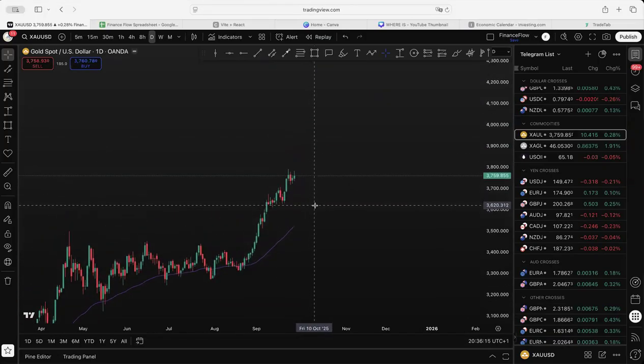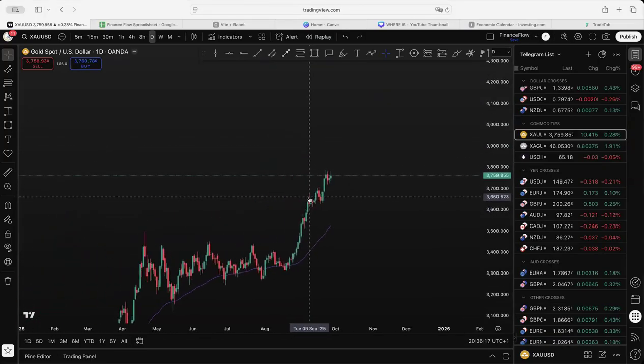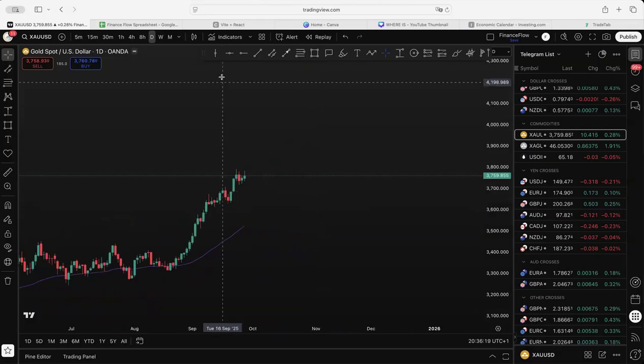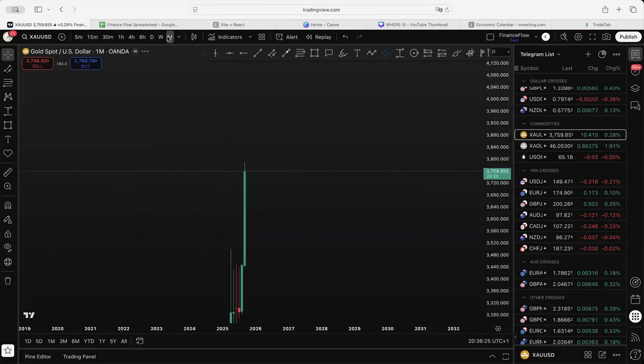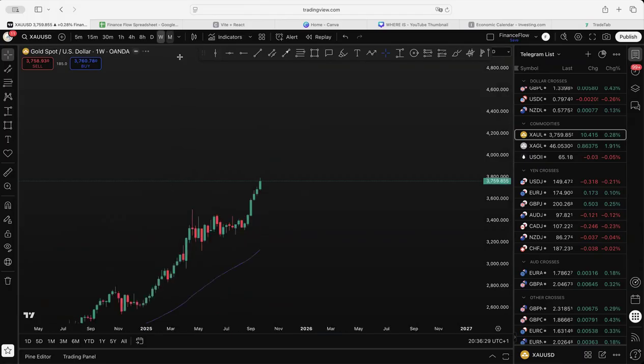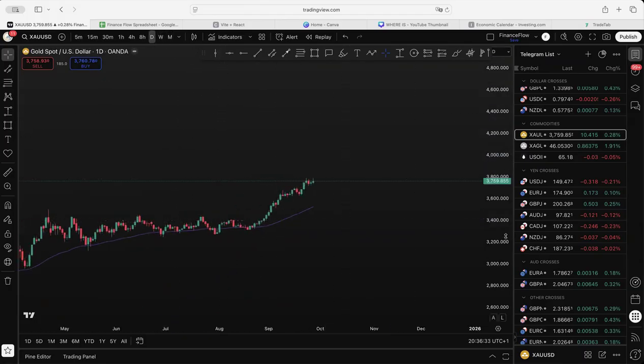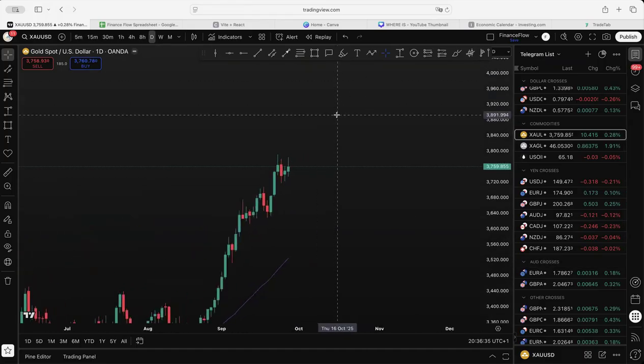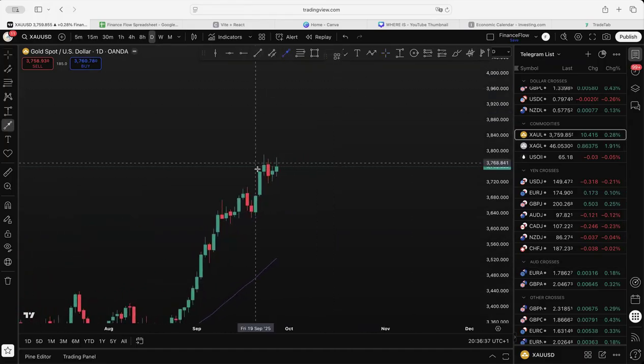We took a nice buy trade here. Remember, we're at all-time highs. The only thing you can really mark up on gold is what is happening. You can't look at monthly because they're at all-time high. You can't look at weekly because they're at all-time highs. So on daily you could mark a couple, but nothing really major.